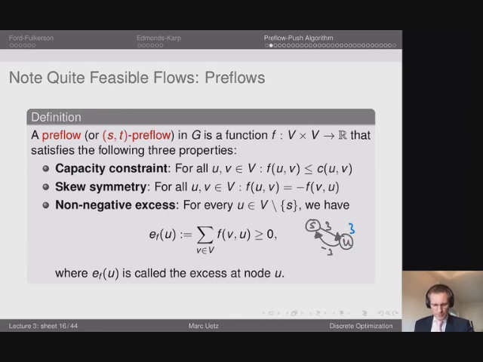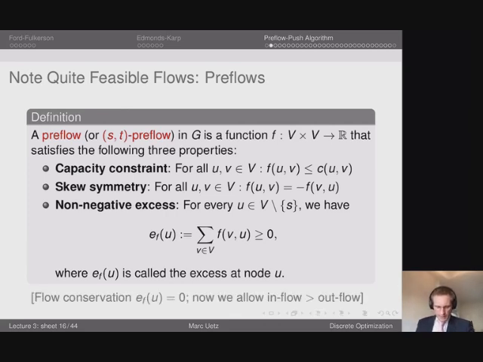So we allow non-negative excesses, and our earlier flow conservation constraint would just mean that the excesses at all the nodes are equal to 0, and negative excess is not allowed. Positive excess is allowed. So inflow is allowed to be larger than outflow.